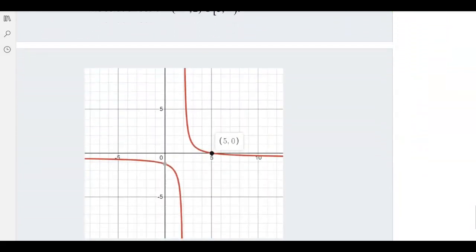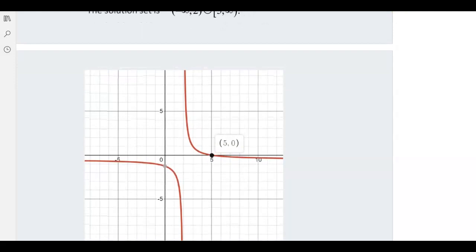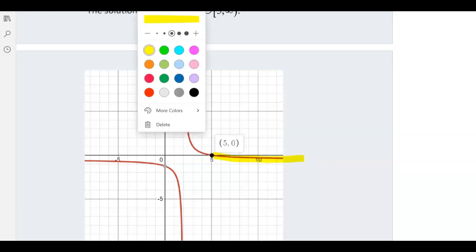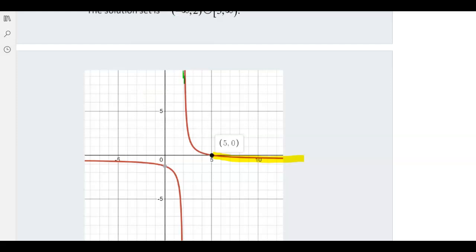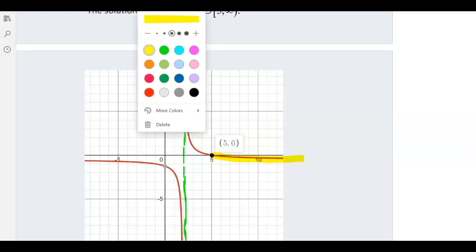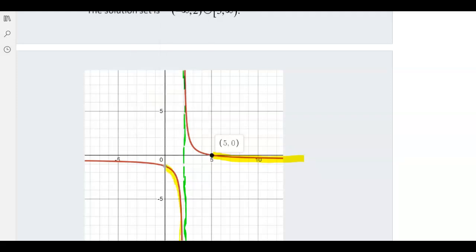So when we think about inequalities that have an equal sign in them, we can include the zeros. You can see that happens here. But because there's an asymptote sitting right here, the other part of the graph that's below the x-axis, it's this entire thing over here, but it doesn't include the number 2.